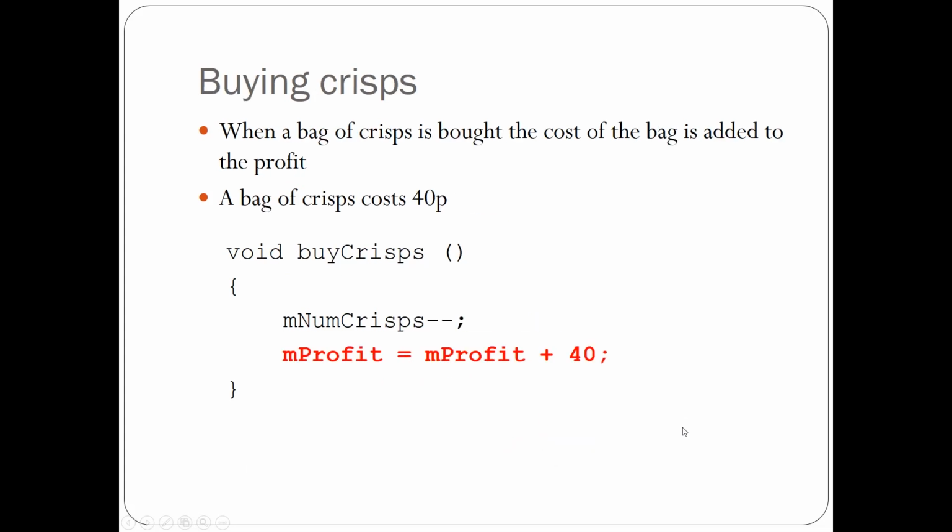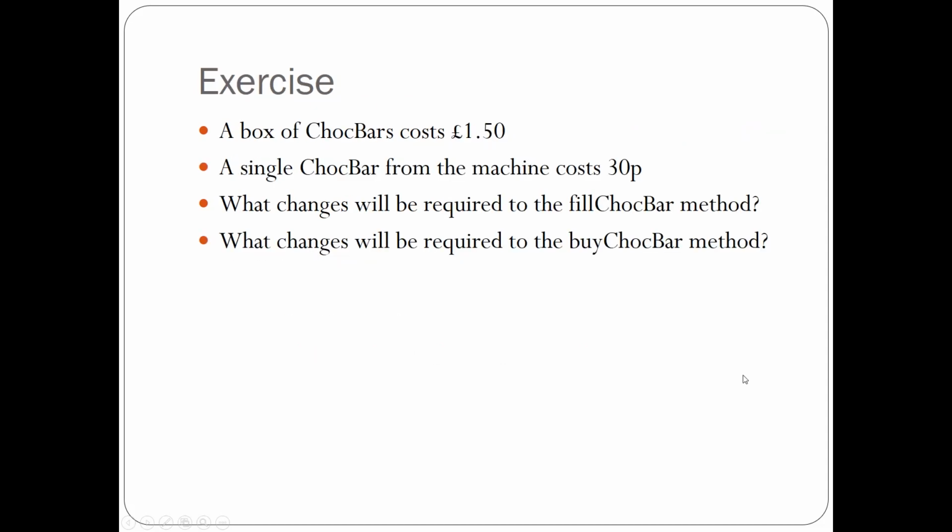And when somebody buys a bag of crisps, we add that profit back on to our machine. So somebody buys a packet of crisps, we take one out of the machine, and then we add 40p onto our total profit. We bought at 20p, we're selling at 40. So hopefully we're going to make some quite good profit on this one.